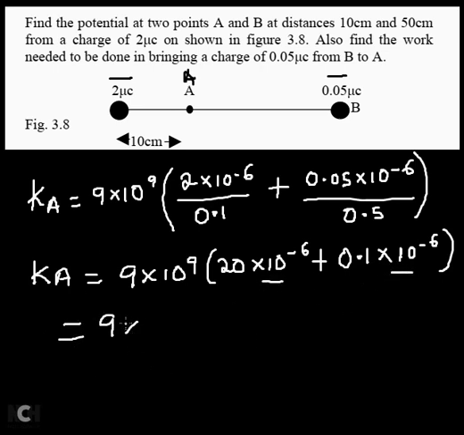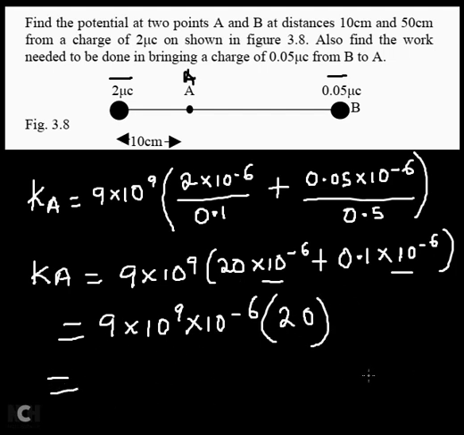I'm going to have 9 times 10 raised to the power of 9 times 10 raised to the power of minus 6. 20 plus 0.1 is approximately 20, so I don't need to do that calculation.